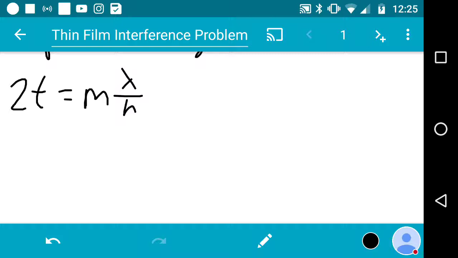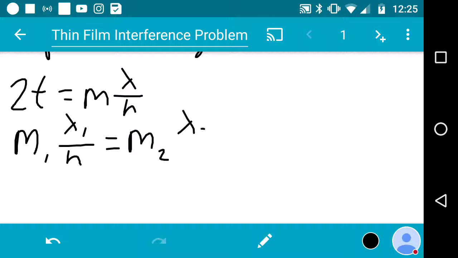So what this tells us is that m1 lambda 1 over n is equal to m2 lambda 2 over n. And again, this isn't necessarily intuitively obvious, so the way I got to this was we have a particular thickness that's satisfied by the equation m lambda over n, and we know it works for 2 different lambda values, which means it also has to work for 2 different m values because n is just a constant.